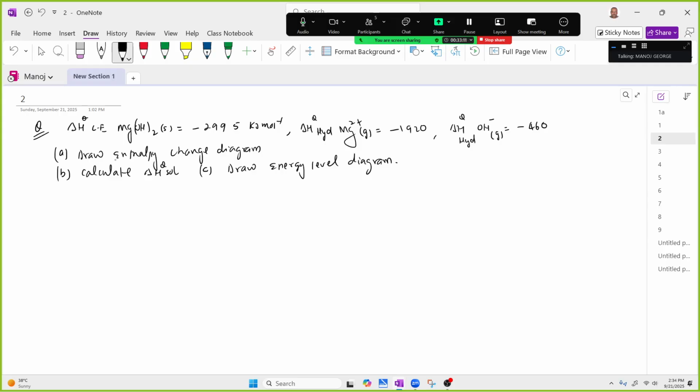Three things I want you to do. I hope you have some rough sheets and papers with you. These are some old past paper questions. You have to start drawing the enthalpy change diagram first by writing an equation to show the solution enthalpy of magnesium hydroxide.